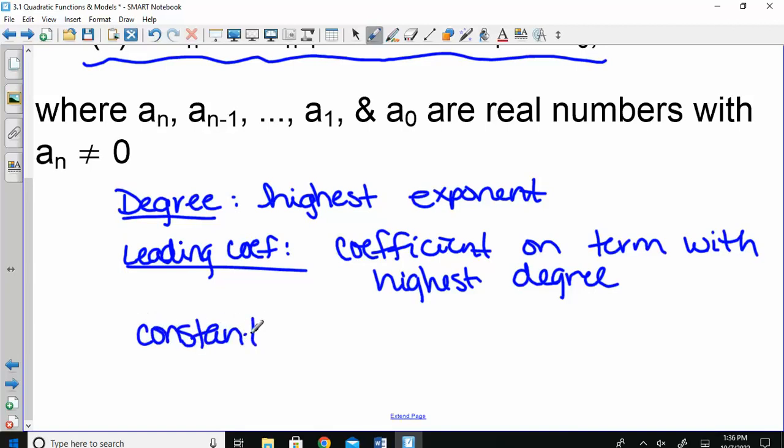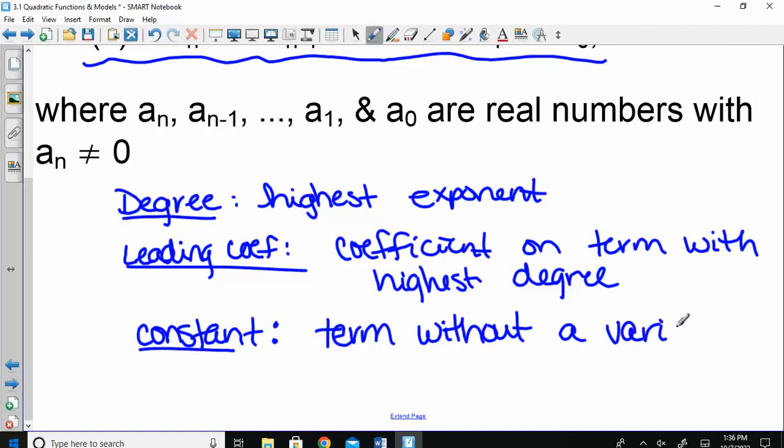What's a constant? A constant is just a term without a variable.